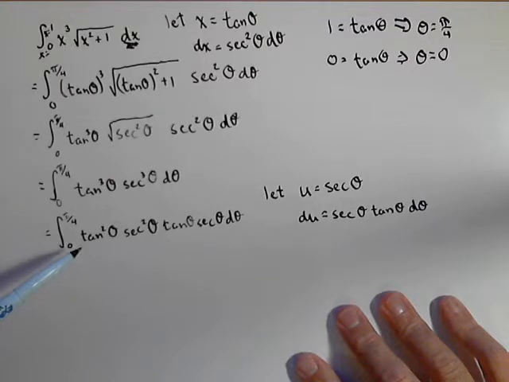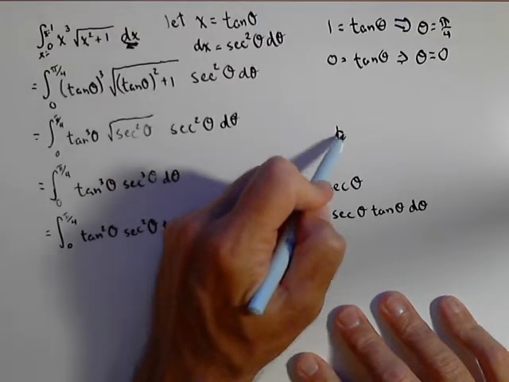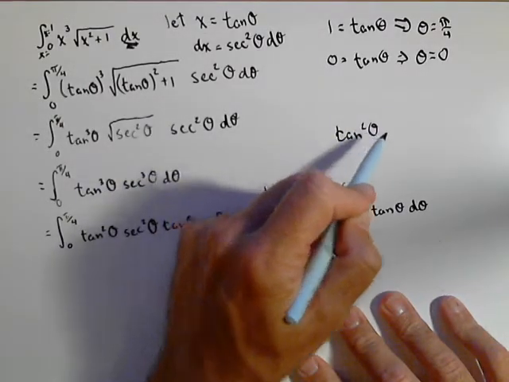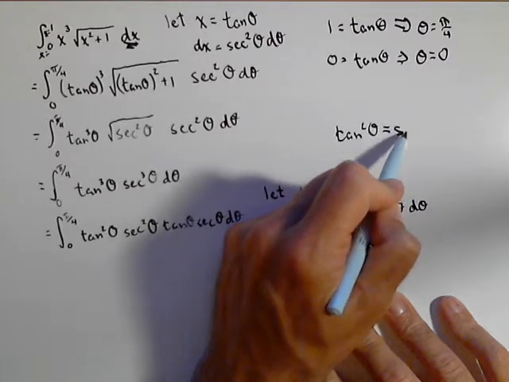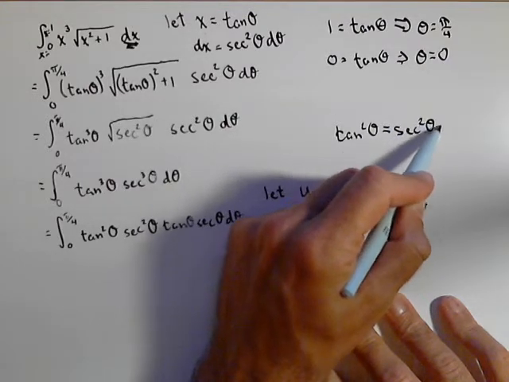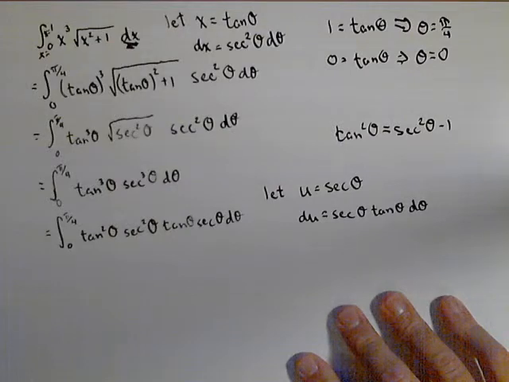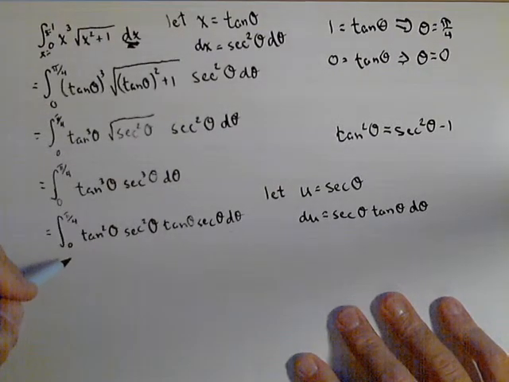Now the only thing I'm not quite going to be able to substitute for is the tangent squared. But remember, by the Pythagorean identity, tangent squared theta is actually equal to secant squared theta minus 1.